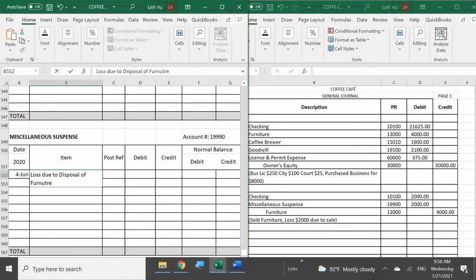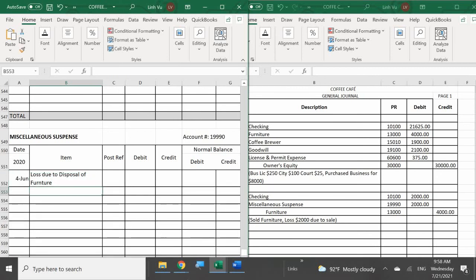Okay, you could use disposal, you could say because you sold it and you lost it, whatever way makes sense to you. The notes here are whatever you want to place in here. General journal number 1, because we're still on the first page. And this time, I'm going to debit my account for $2,000.